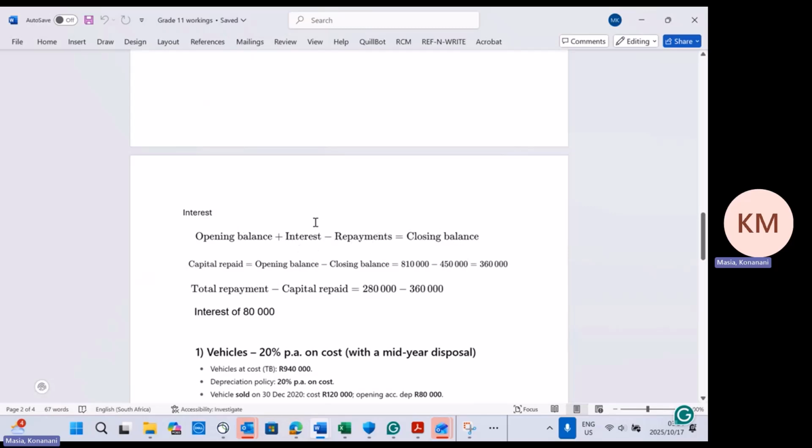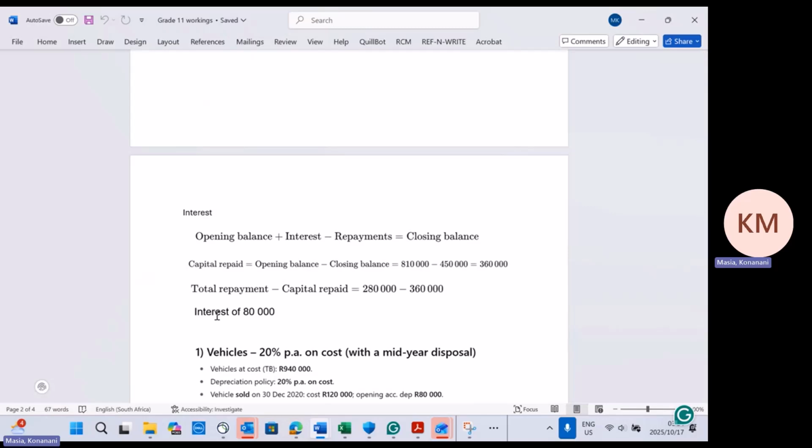Therefore, it will be easy to determine the unknown. Then when I start doing my calculation, my capital repaid is opening minus closing balance, which is 360, and the repayment, which was provided as 280,000. Then my interest is the difference between these amounts, 360 and 380. Then that was easy if you understand the formula.